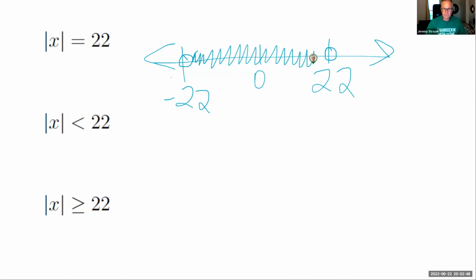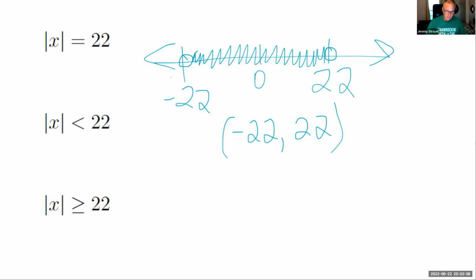Some of you may have used interval notation before to say that x can be any number in between negative 22 and positive 22. Here's how we do it. Negative 22, comma, positive 22. And we use parentheses on both ends, round brackets.